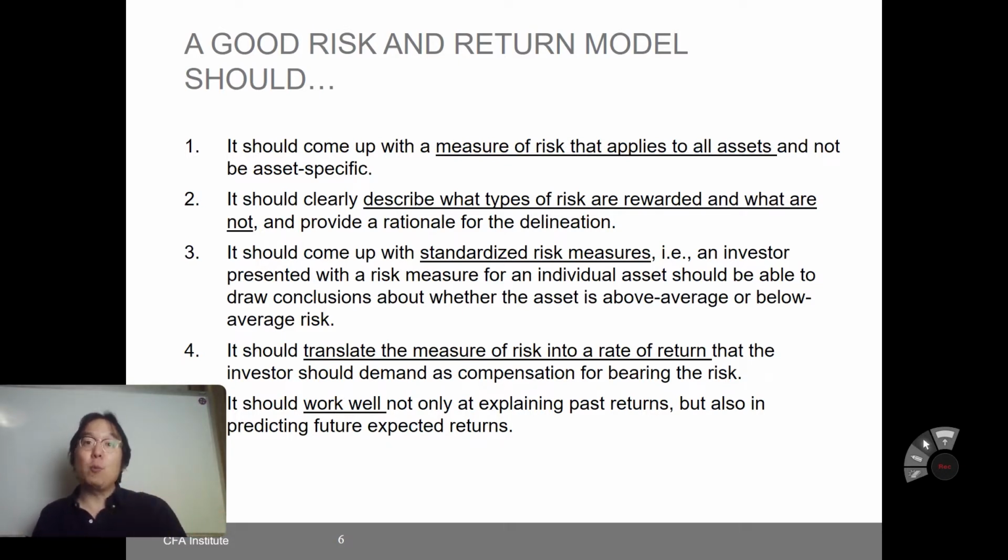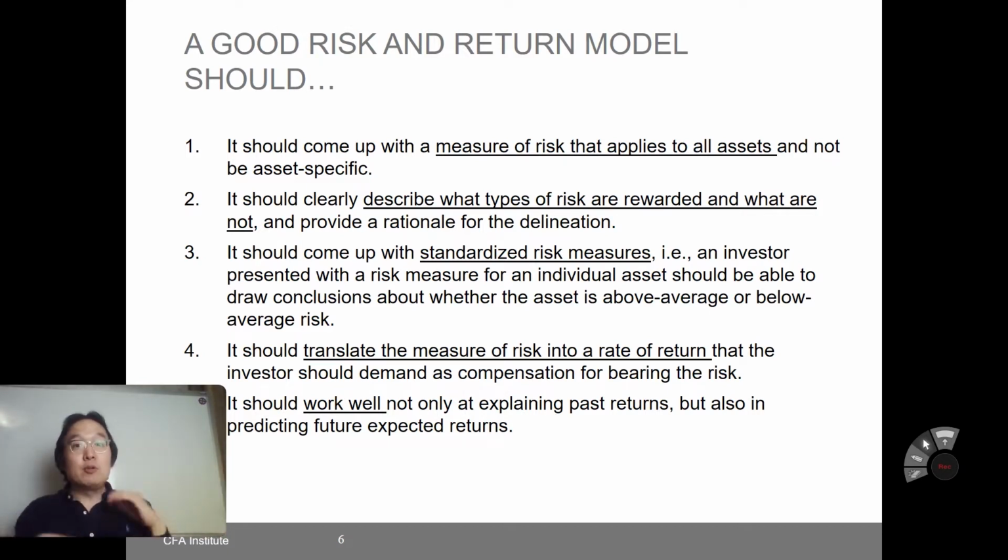And a good risk and return model should do the following. One, it should come up with a measure of risk that applies to all assets, not just one specific asset. Number two, it should clearly describe what types of risk are rewarded and what are not, and it should provide a rationale for the delineation. Systematic risk versus idiosyncratic risk, we delineate this, right?